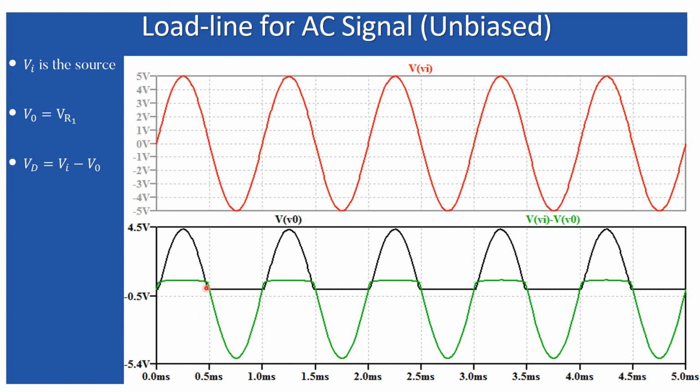That is why the output is close to 0. Since the diode is keeping the circuit open, the entire input voltage at the negative half cycle appears across the diode. This is the voltage across the diode, and the black line represents the voltage across the load impedance.